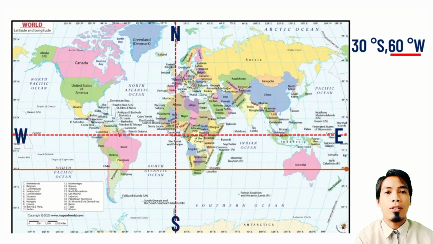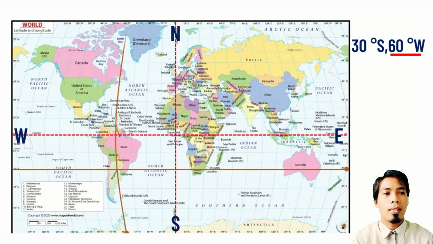The next step is to find the location of the longitude. Again, we need to specify the hemisphere it is located in. The given longitude is 60 degrees west. Therefore, we are going to locate it on the left side of the prime meridian. We need to determine the value of the longitude. In this example, it is 60 degrees.